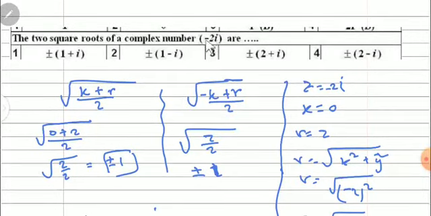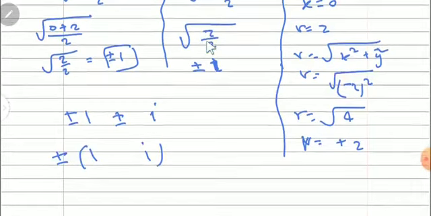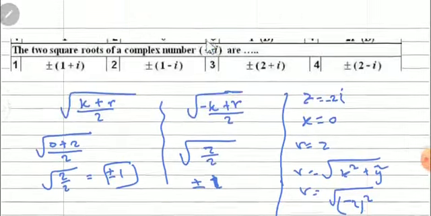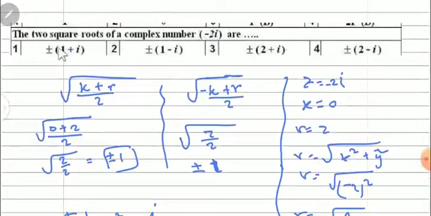What's the sign here? What do you see? Negative, so it will be negative here. So this is the right answer: positive and negative 1, negative i. Where is it? Positive and negative 1, negative i. So yeah, this is the correct answer too. Do you understand?